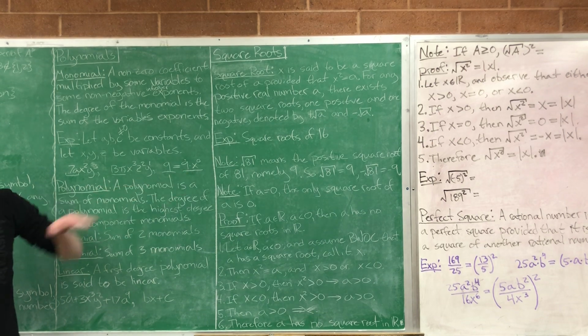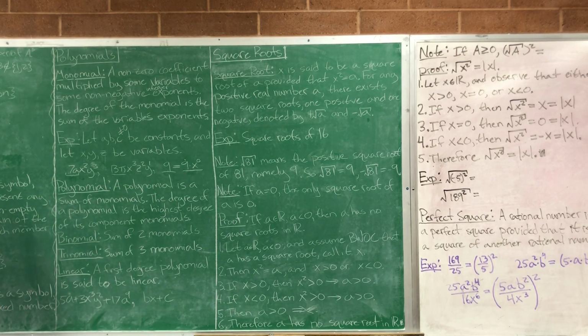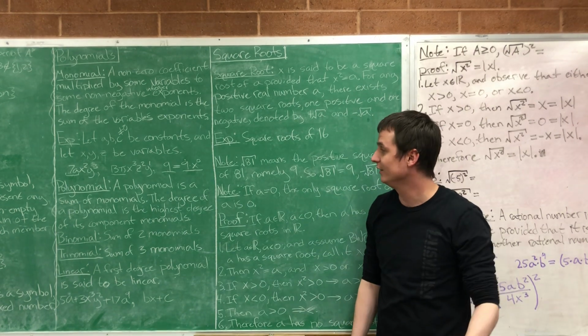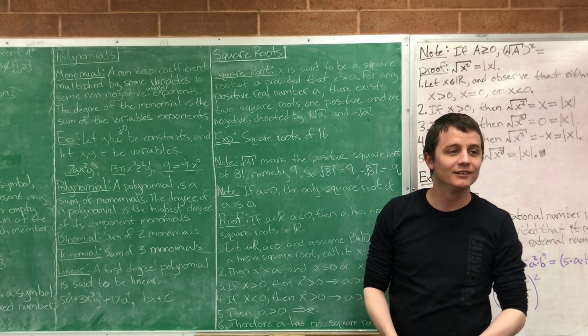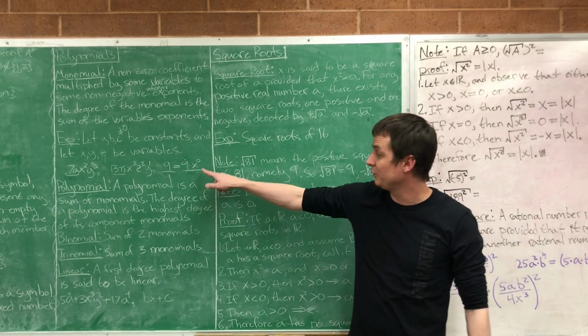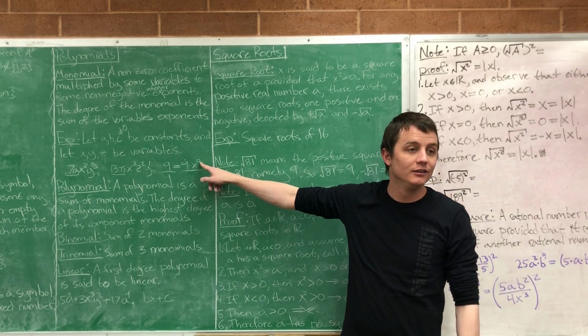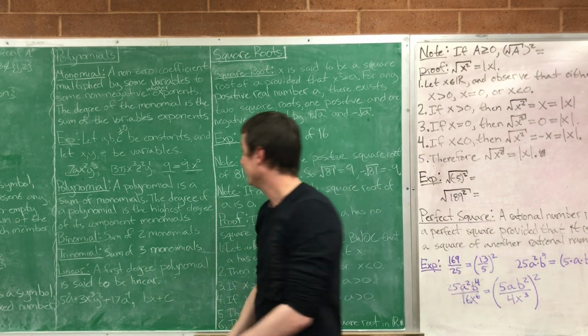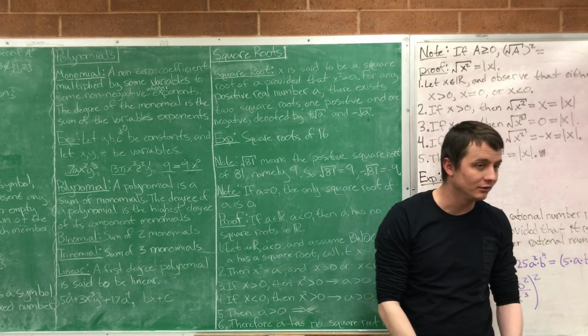What's the degree of that monomial? 0. It's a 0th degree monomial. Why is it not 1, a 1st degree one? Because when I add up the exponents, what do I get? Well, does 9 have an exponent of 1? You add up the exponents of the variables. Because 9 has an exponent of whatever I want.